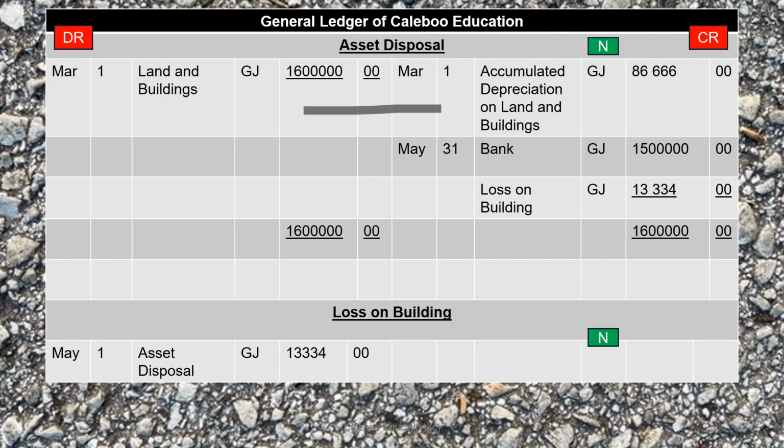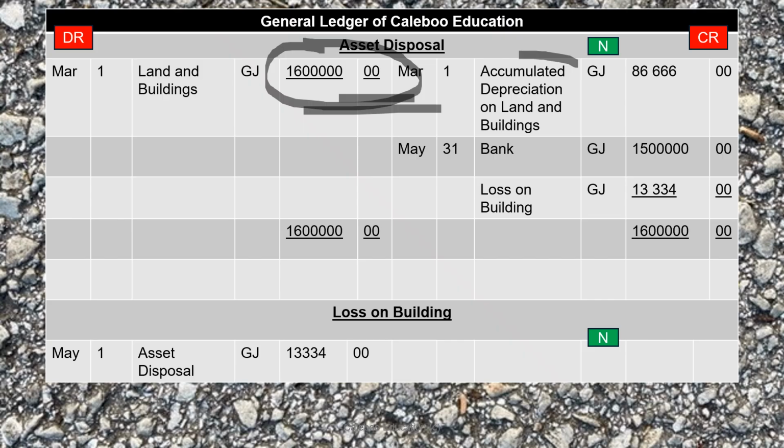I wrote out this account, or typed it out, because I want to show you the asset disposal account. Let's say step 1, transfer the historical cost price of the building that burnt down, and it was 1.6 million.